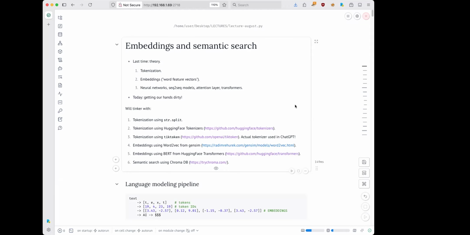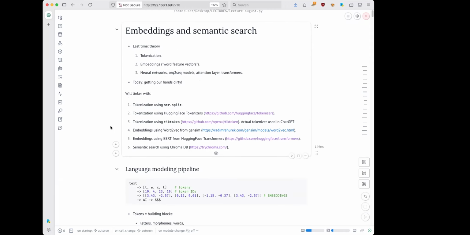In particular, we will have a look at tokenization, using various methods, starting from the very basics, like baby steps from str.split in Python, and work our way up all the way to tiktoken, which is the tokenizer used in ChatGPT.